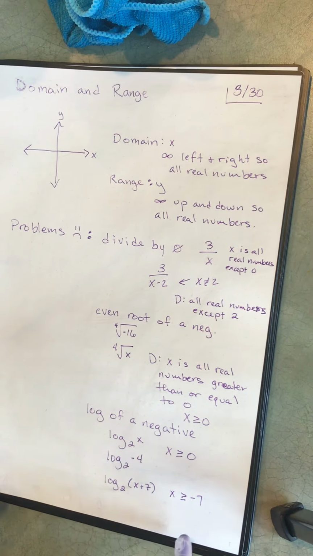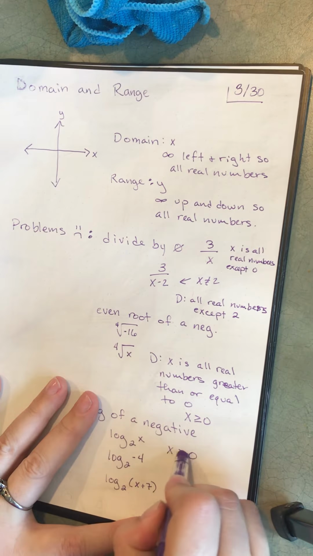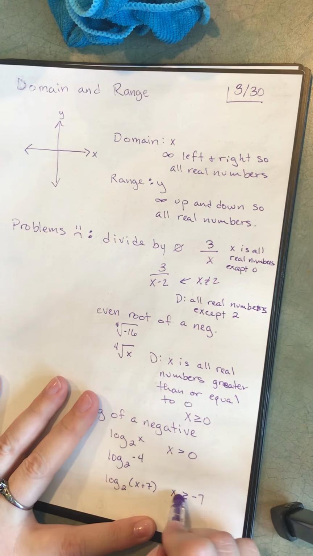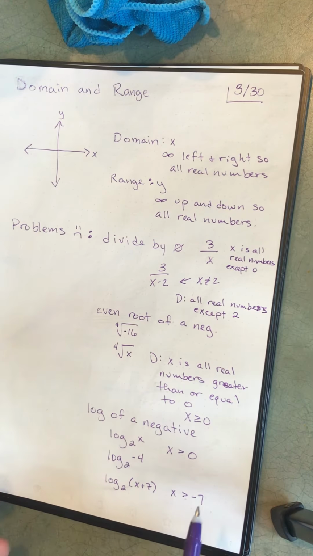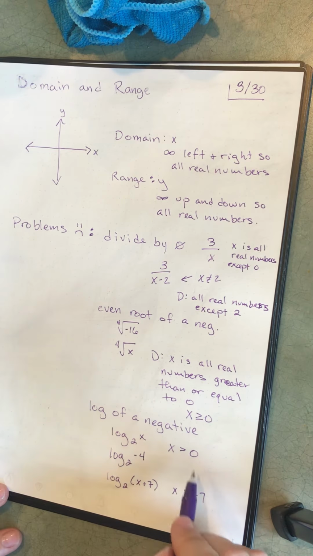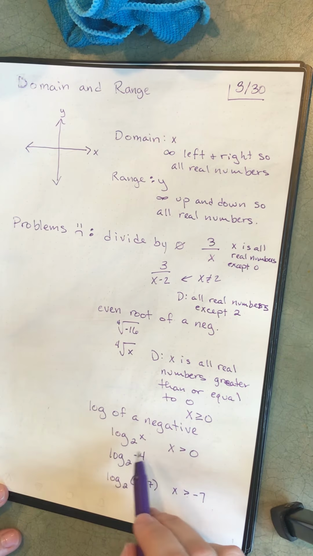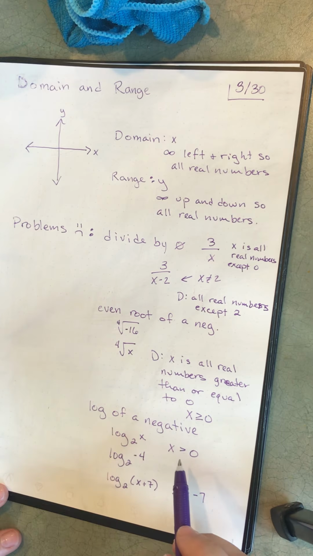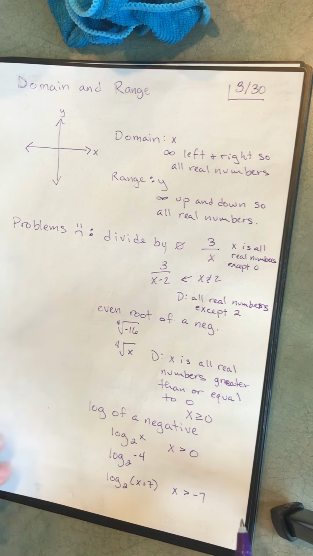No, that's not right. This is just greater than, it can't be 0. Sorry. Right, because 2 to no power is 0. We can't make 0.